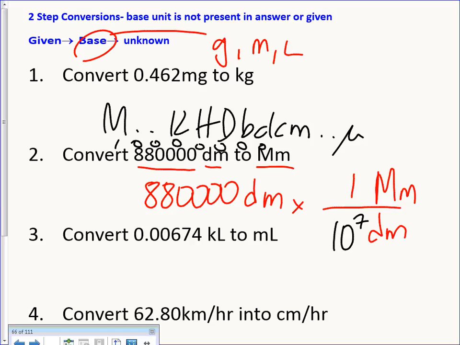So in your calculator, you do it, and you get your answer to be 8.8 times 10 to the negative 2. Hold on, let me double check that. Because if you divide by 7, your decimal goes 1, 2, 3, 4, 5, 6, 7. My bad, negative 1.